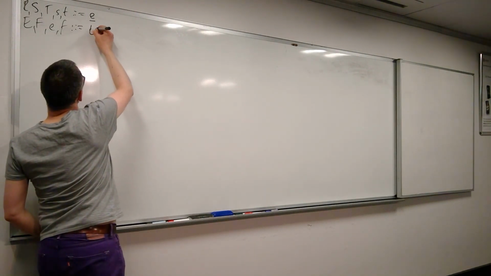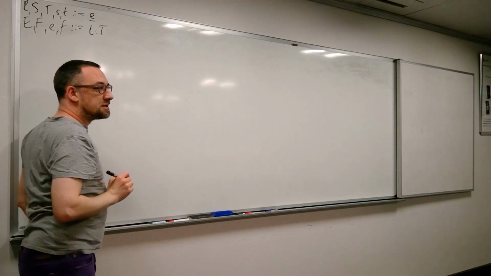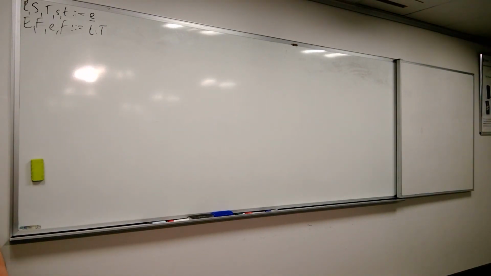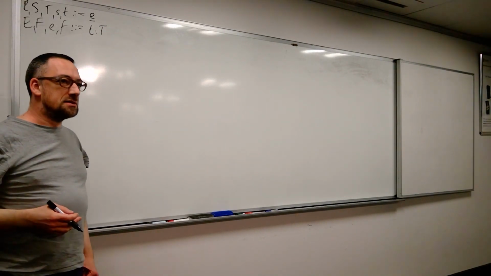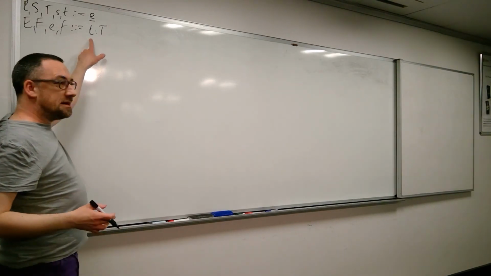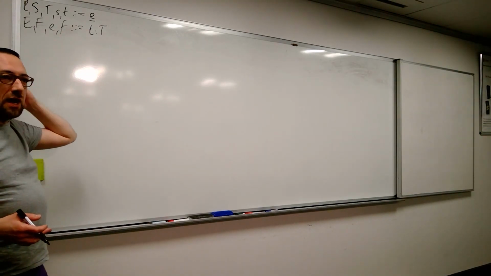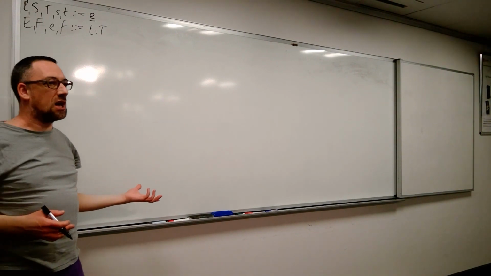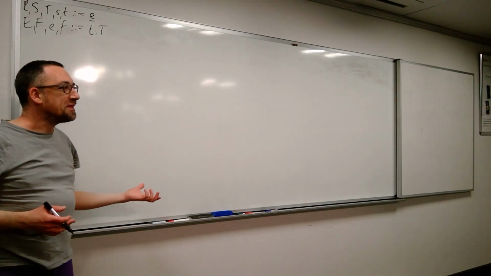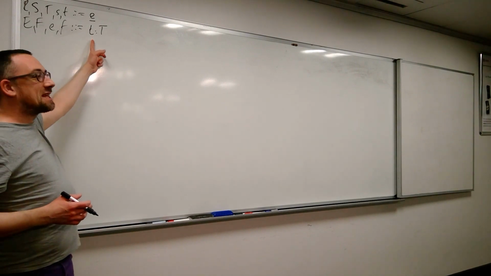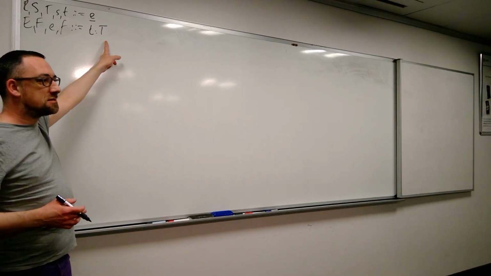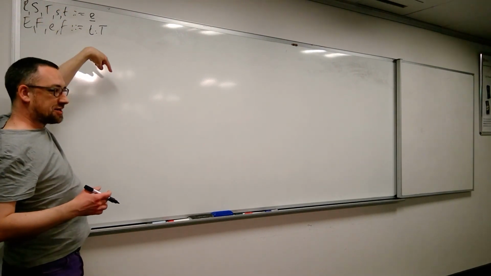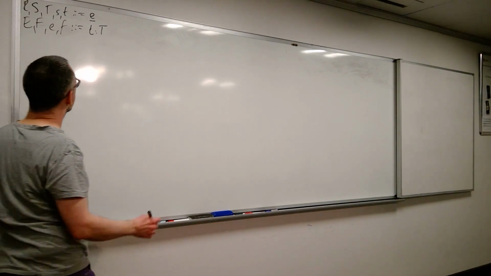Similarly, if you want to go the other way around, if you've got a term T and you want to synthesize its type, well, tough luck, you can't. If you want to get a type out, you'd better say what it is. So this is how you change direction between these two syntactic categories.